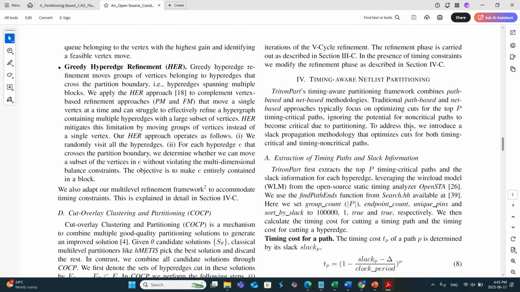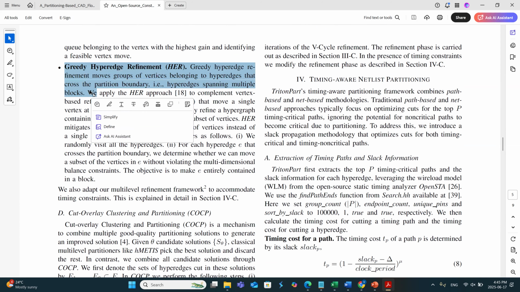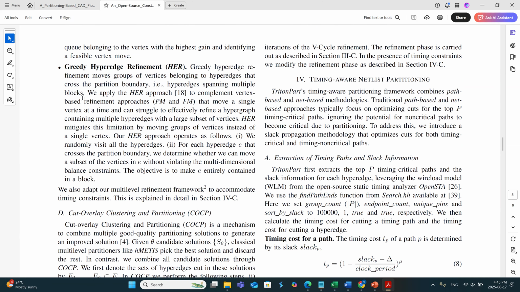Then they also have another refinement algorithm, which is kind of like a multi-move that we do in the VPR placer. In VPR, sometimes we'll grab, actually, do we do this or not? Let me think about this. Actually, we don't do this. Okay, in another CAD tool I've worked on, we do.